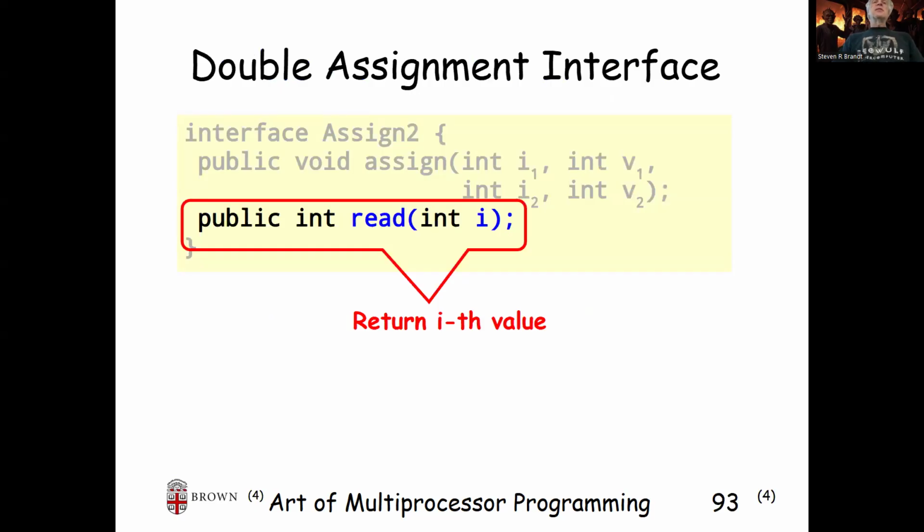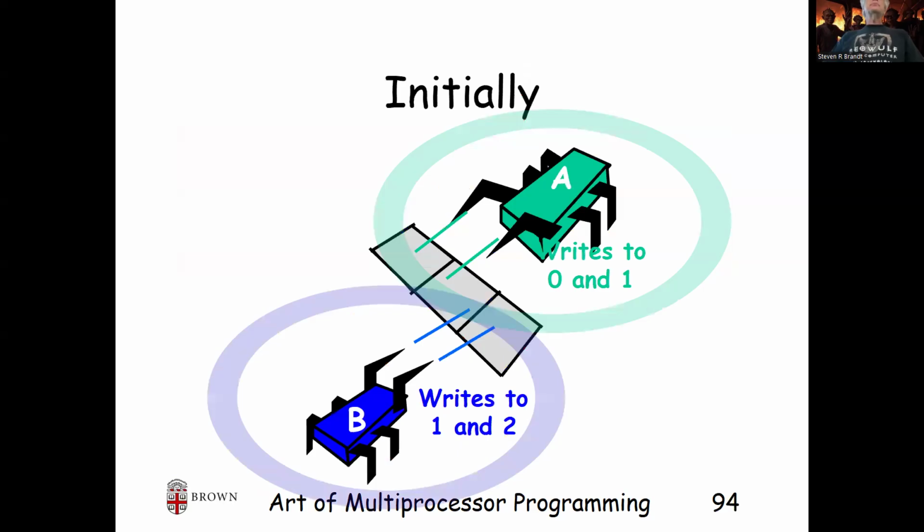And then you have a read of the ith value. So those are the things you can do with this assign object.